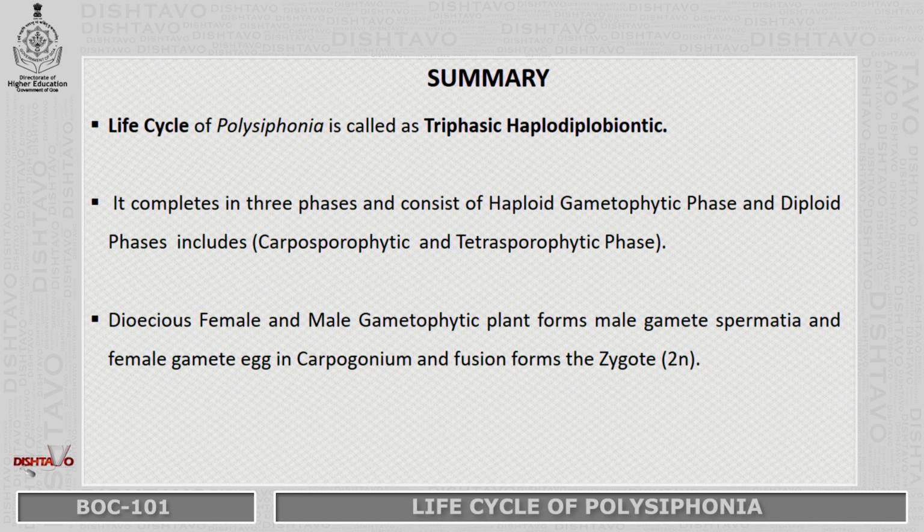Summary: the life cycle of Polysiphonia is called triphasic haplodiplobiontic. It completes in three phases, consisting of the haploid gametophytic phase and two diploid phases, carposporophytic and tetrasporophytic. The dioecious female and male gametophytic plants form the male gamete spermatia and the female gamete egg in carpogonia.